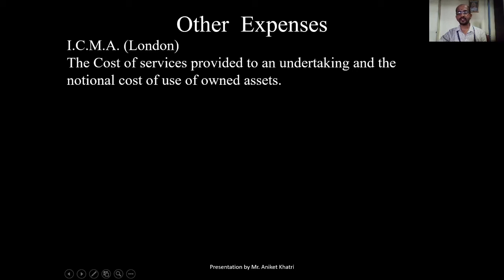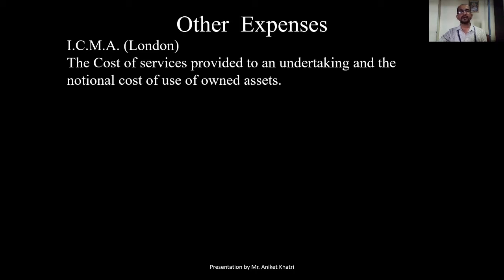Now notional cost, if you remember, we have already seen in the definition of cost. In that we covered the notional cost. At that time I gave the example of depreciation. We use the asset and we charge depreciation to the profit and loss account.